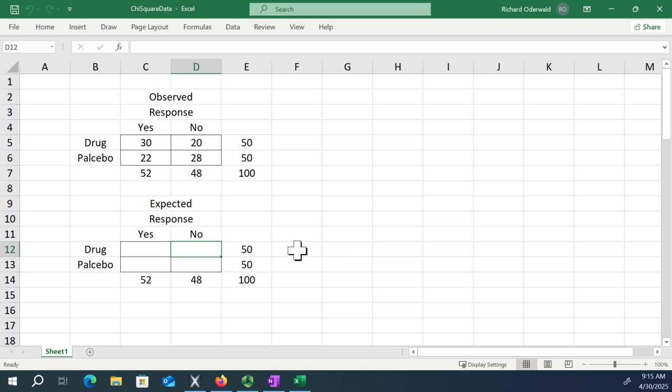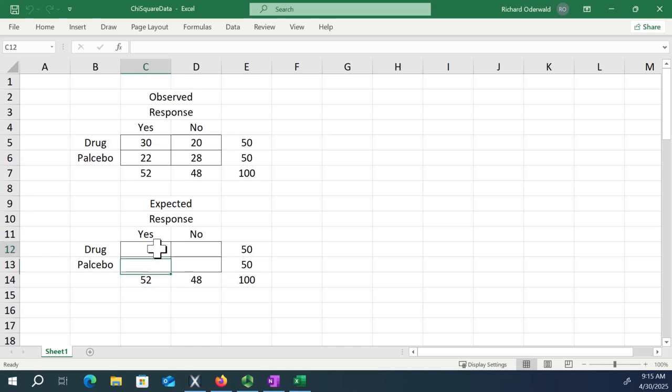The way this is actually calculated is on that proportion, but you calculate it as this divided by that. It's going to be 50% multiplied times the number in that column.